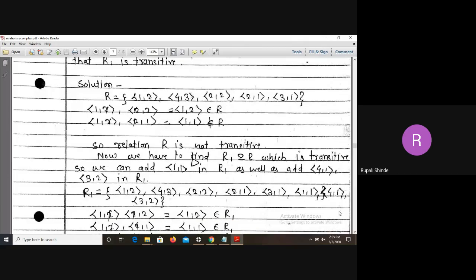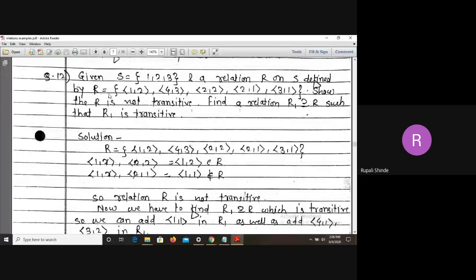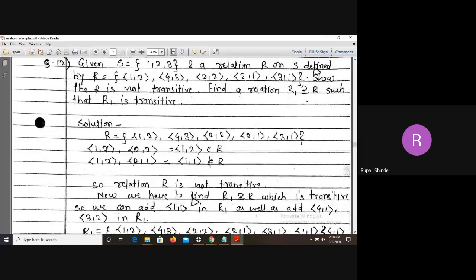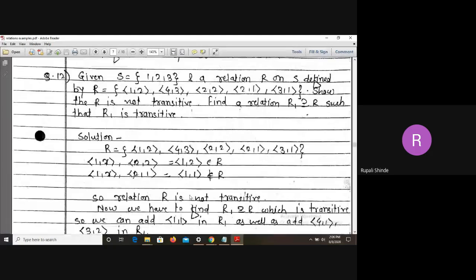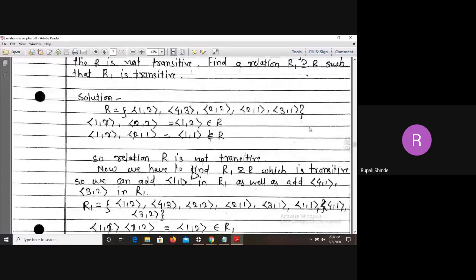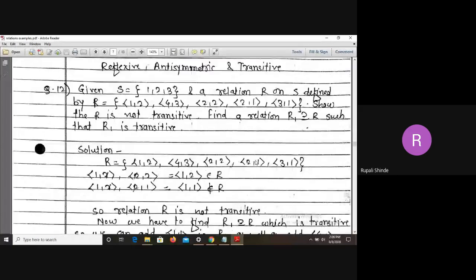So now check R1 is transitive and R1 is containing all the order pairs from relation R. So we can say that R1 includes R, or we can say R is subset of R1. Okay. So here both the conditions are satisfied. First one is R1 is transitive and R1 includes relation R. So likewise, we can solve these kind of problems.